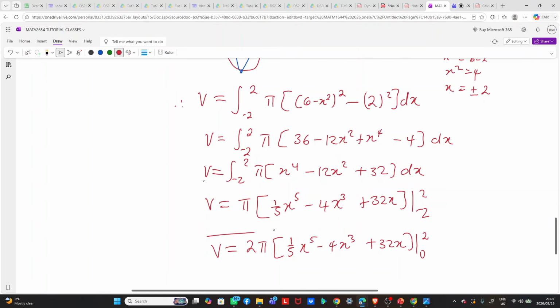If you don't remember something like this, it's fine. There is no problem with that. Evaluate it from -2 to 2 and you shall get the same solution. But if you're going from -a to a, it's just 2 times that thing from 0 to 2. Okay?